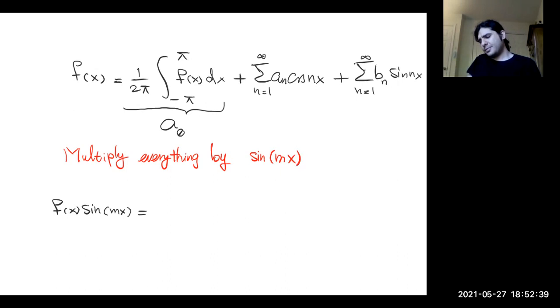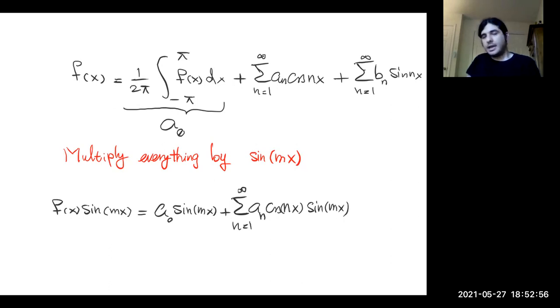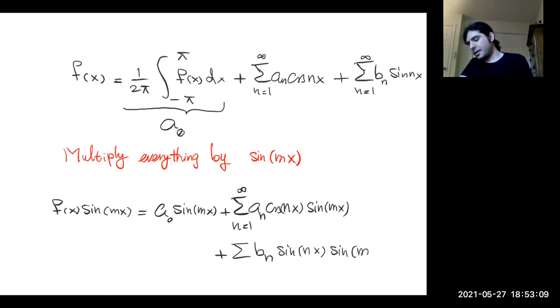On the right-hand side, a naught times sine of mx plus sigma an cosine of nx sine of mx, n goes from 1 to infinity. N is what is changing, m is constant. Plus sigma bn sine of nx sine of mx, n goes from 1 to infinity. That would be the first step.